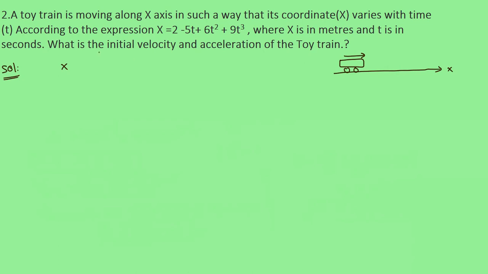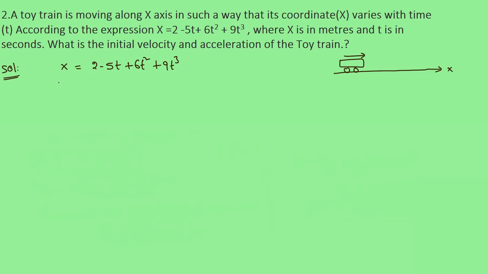Then the expression x equals 2 minus 5t plus 6t square plus 9t cube is given, and the terms are already explained, but the initial velocity is asked.